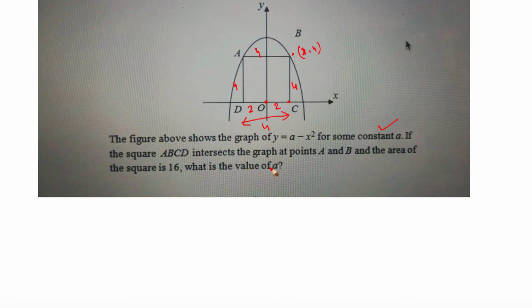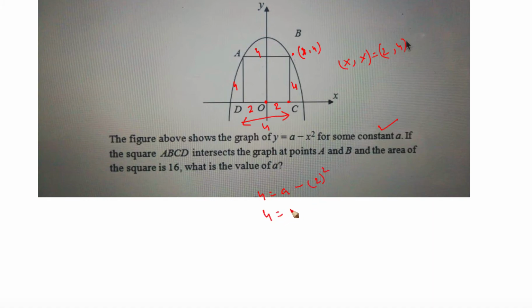What is the value of a? If I take this point x, y, here it is (2, 4), just put it in the equation. Let's say y is equal to 4, which is equal to a minus x squared. What is x squared? 2 squared.